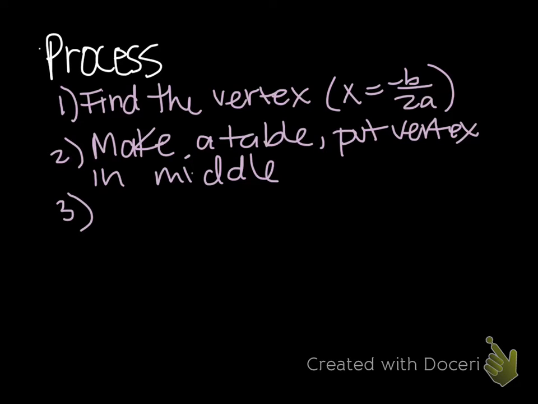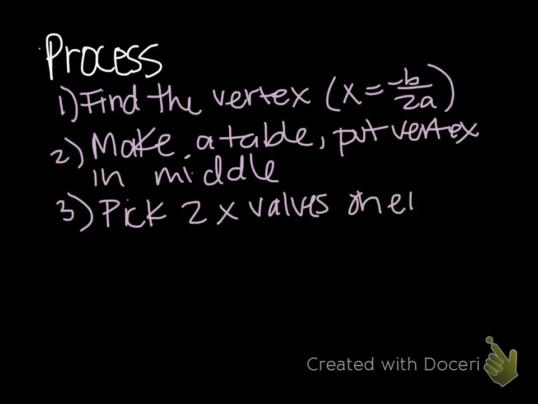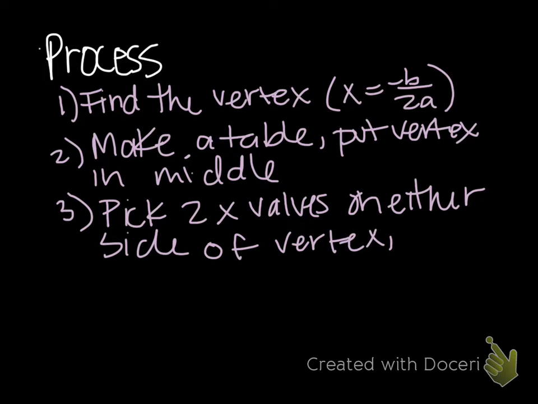Step 3, pick two x values on either side of the vertex. So two bigger, two smaller. And you're going to plug those in. And then step 4 is going to be plot your points.